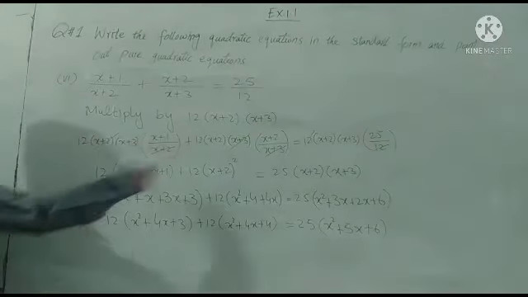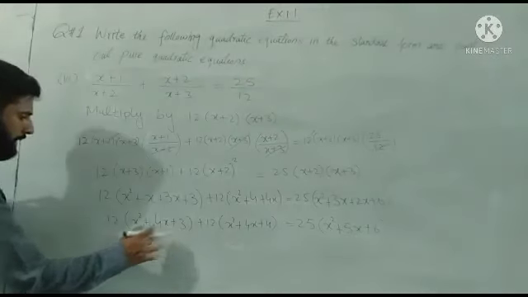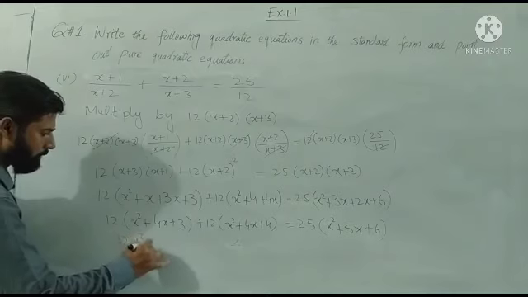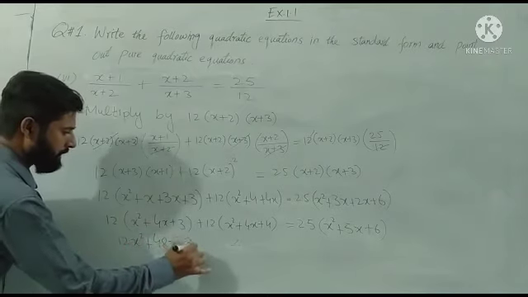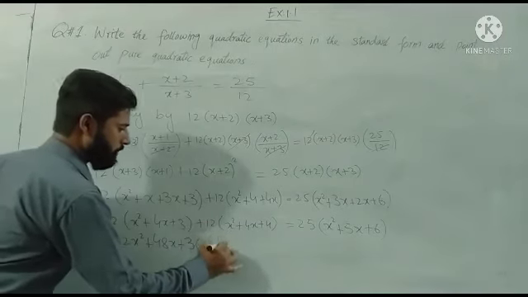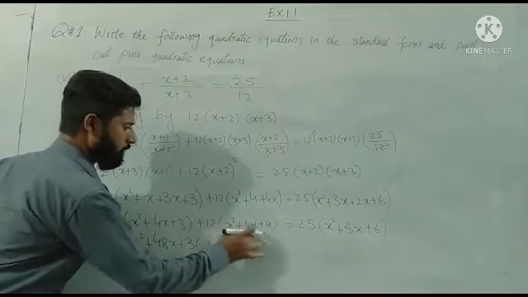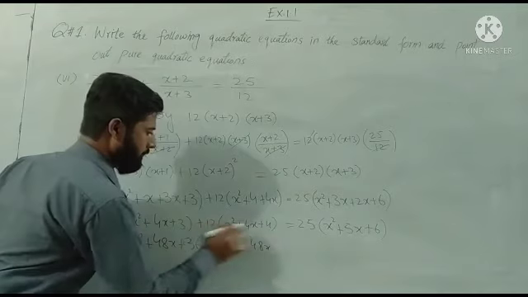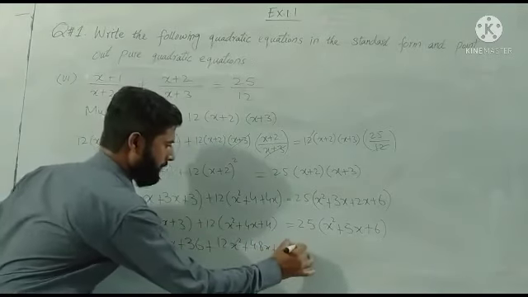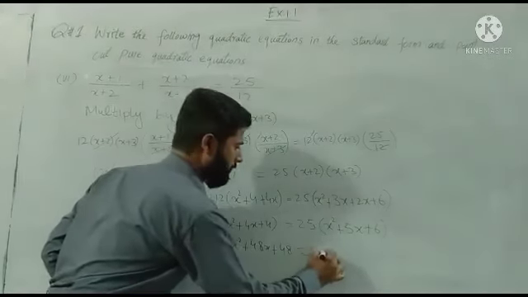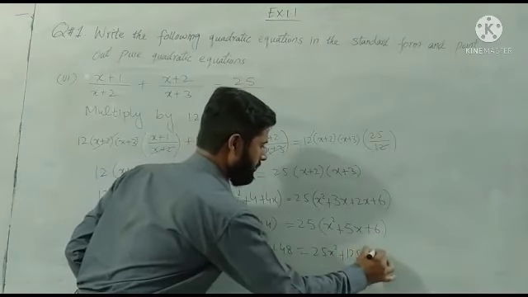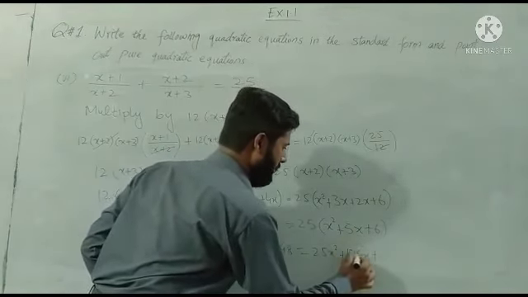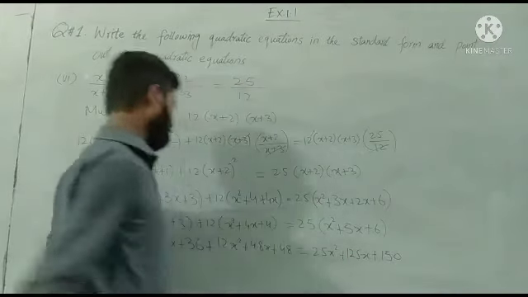Now we have to multiply 12 inside with these three values. It will become 12x square plus 12 4s are 48x, 12 3s are 36, plus 12x square plus 12 4s are 48x plus 12 4s are 48 is equal to 25 into x square plus 25 5s are 125x, 25 6s are 150.